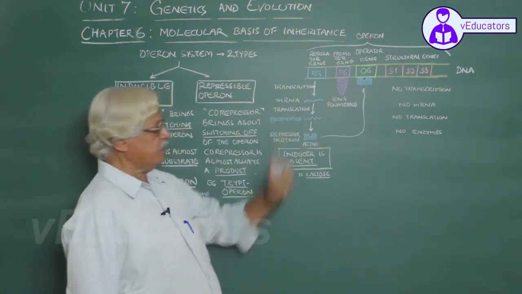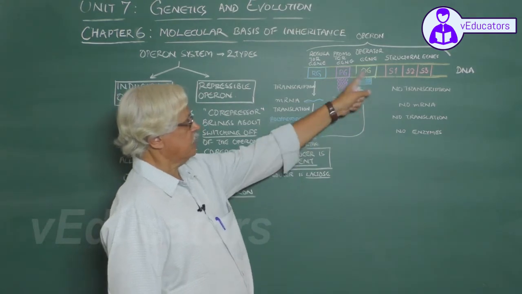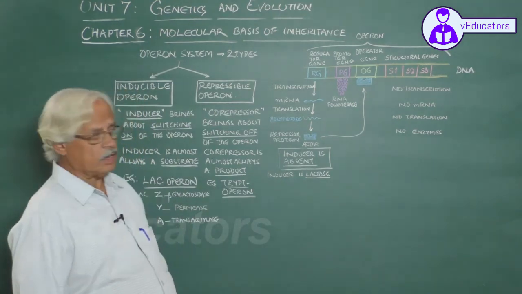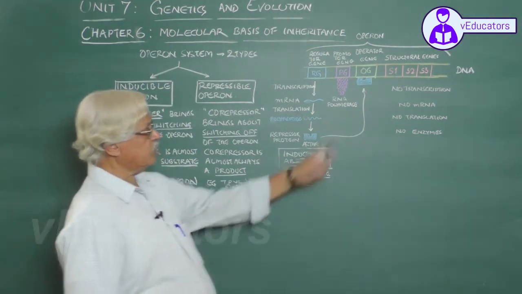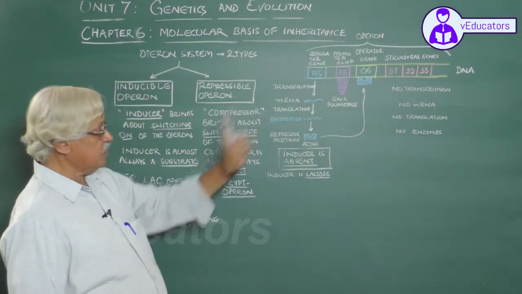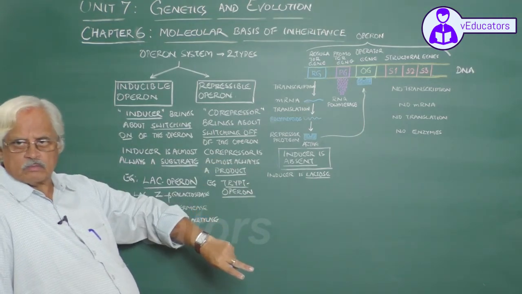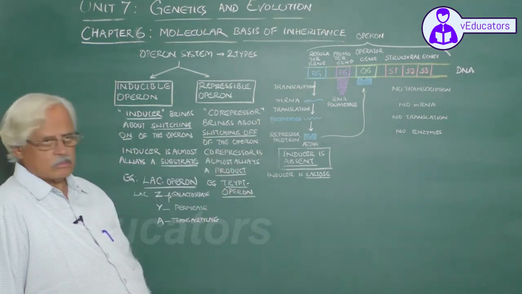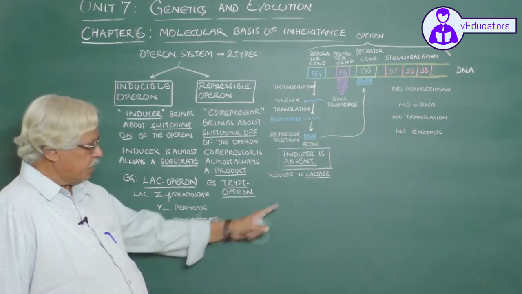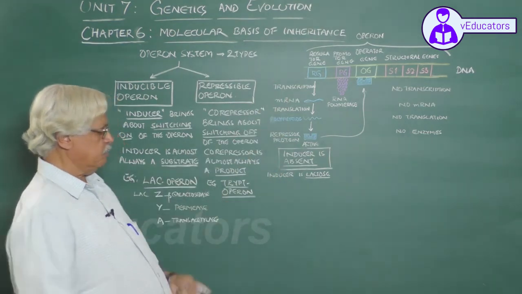So repressor cannot bind with the operator gene. If there is no repressor binding with the operator gene, RNA polymerase is allowed. So S1, S2, S3, the genes responsible for the synthesis of these 3 enzymes are switched on. So those enzymes are synthesized and the cell can break down lactose.